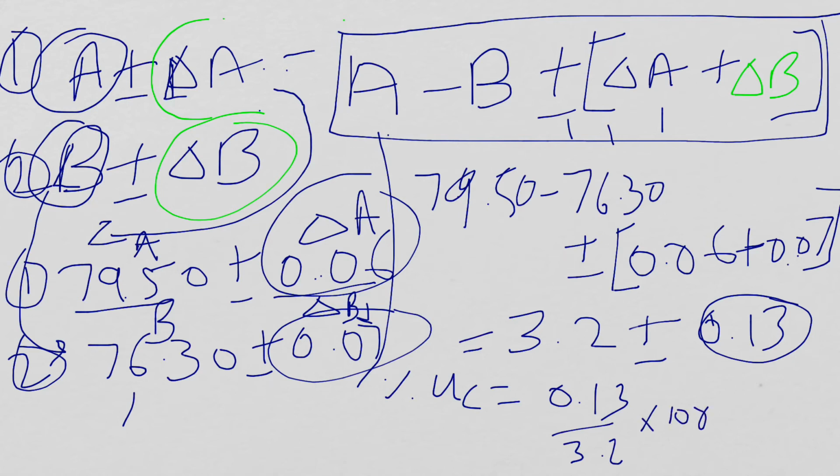So we will get 4.06. Three significant figures are needed here, so we write 4.06, which is equivalent to 4.1, or 4%. So in this way you can do the subtraction of uncertainties.